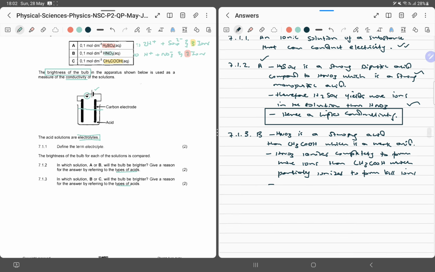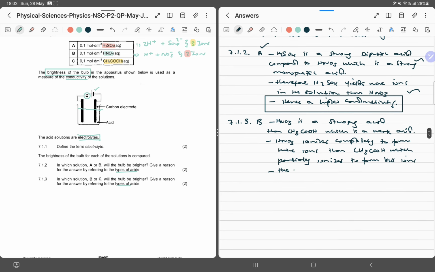Therefore, HNO3 will have a higher conductivity than CH3COOH.